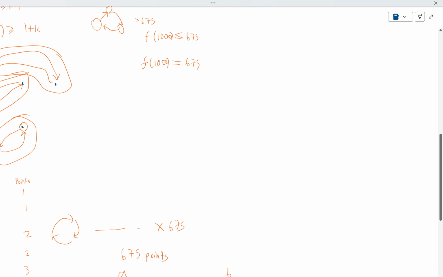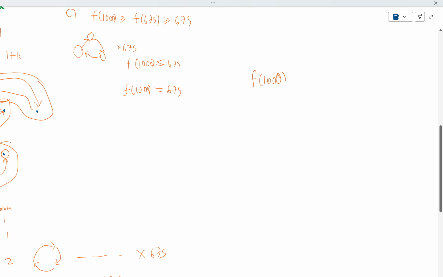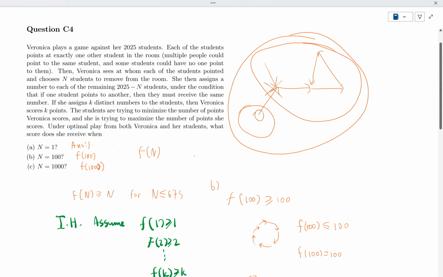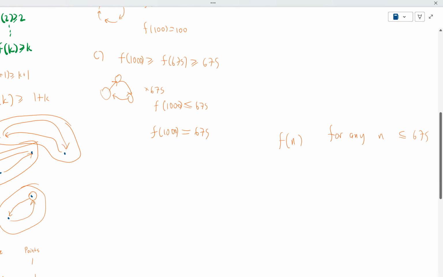And now notice that f of anything, this is just an extension or bonus, by the way. F of n for any n is no more than 675, because you can just make the triangles again, right? So in fact, if part C asks you for n equals 1200, the answer would still be 675, and you can just use the exact same proof.